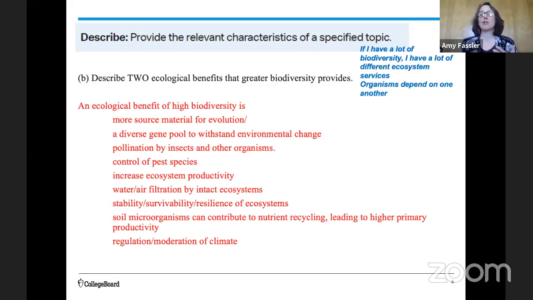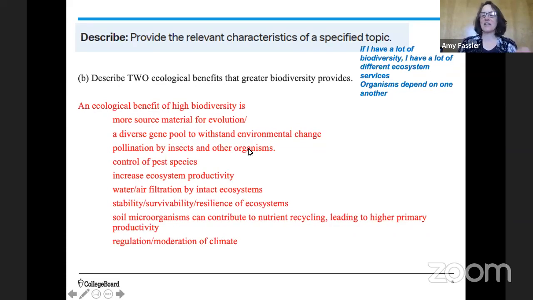If I have a large number of individuals in my population, each of them brings their own unique genetic diversity. So the greater the number of individuals, the greater the diversity of genetic information or traits, so that when some unknown environmental change happens in the future, they have that source material. They already have that gene in the population that is going to allow them to adapt to a changing environment.